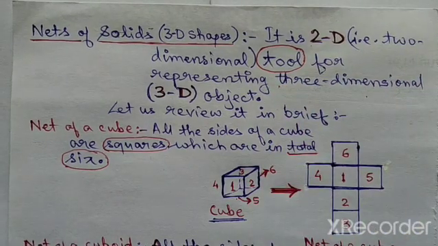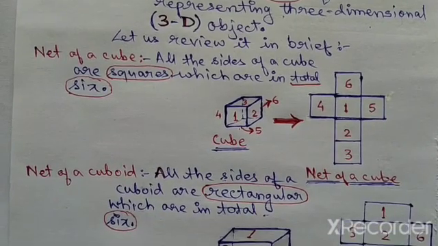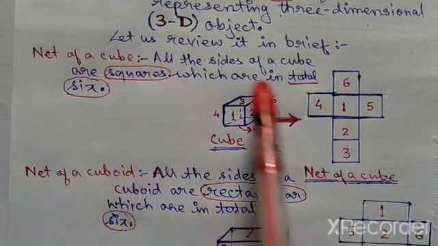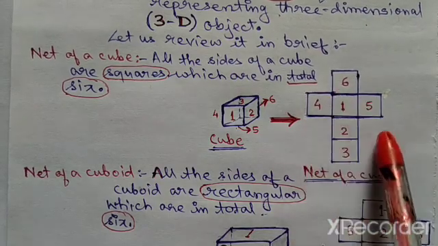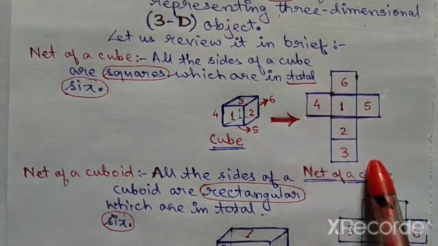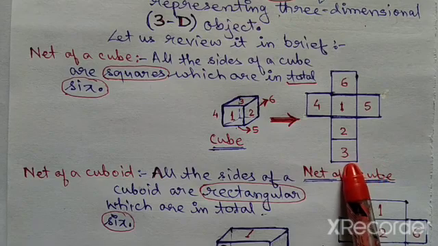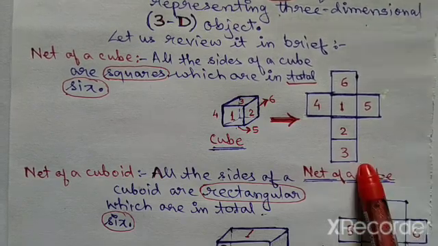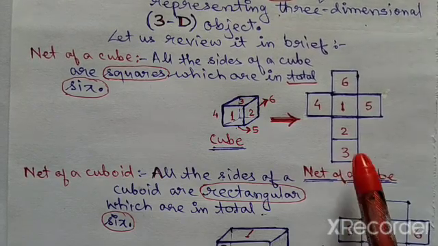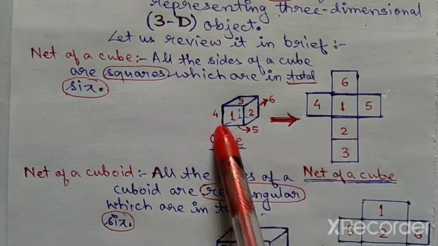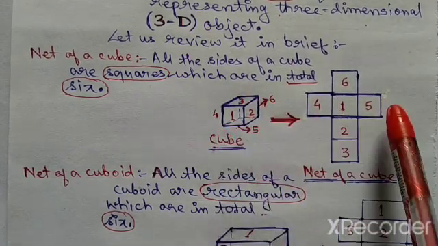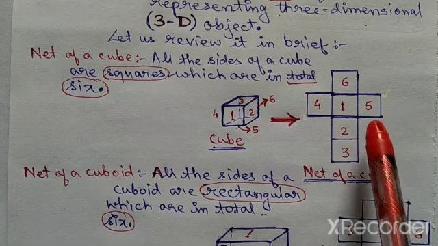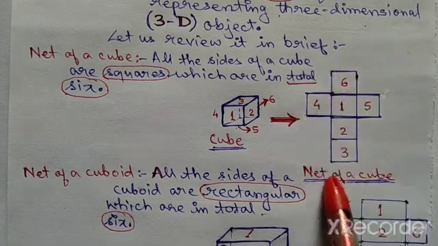Let us try to understand with the help of some examples, children, like net of a cube. Just see, this is our net of a cube. It is drawn on a 2D, two-dimensional. So this is a tool. Why? To represent the 3D object. So if you see, this is the actual shape of cube, and when drawn in the 2D, it is called net of a cube.